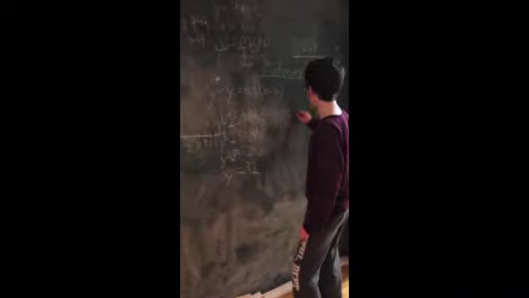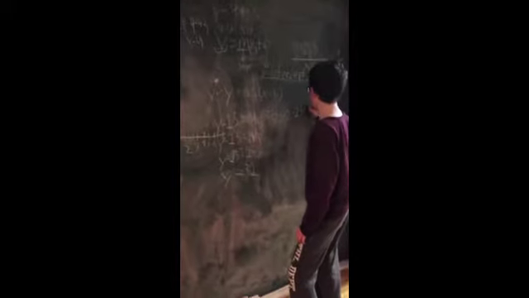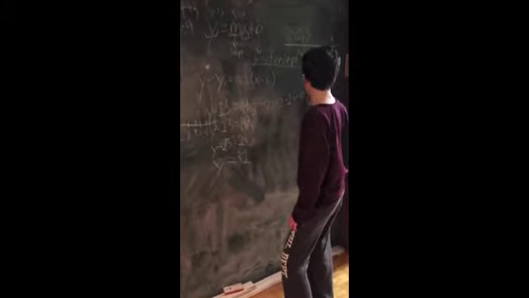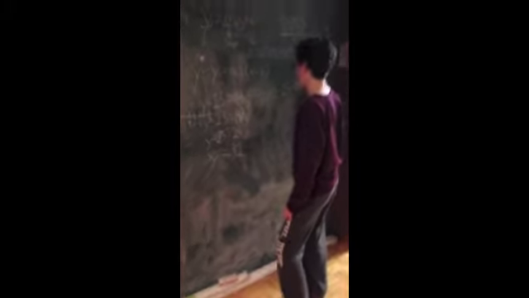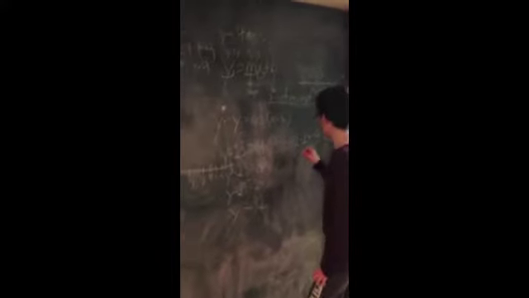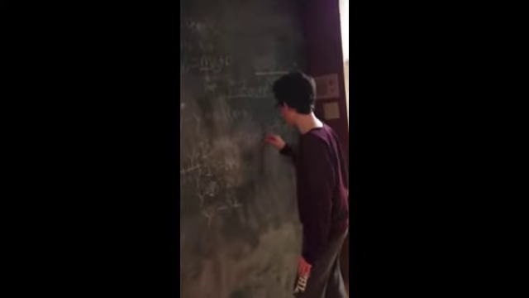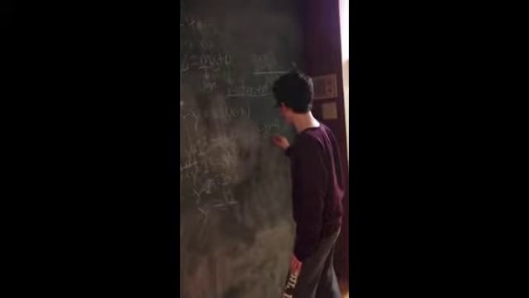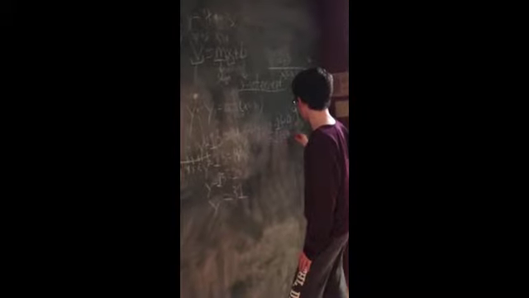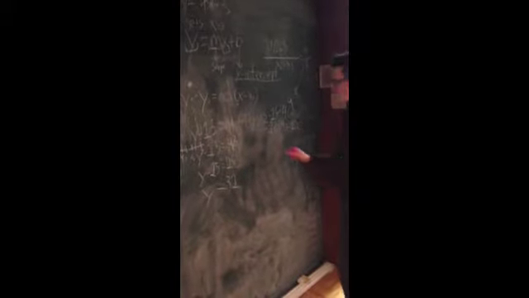Now let's take a y value of 2. Negative 13 plus 12 would equal negative 1.